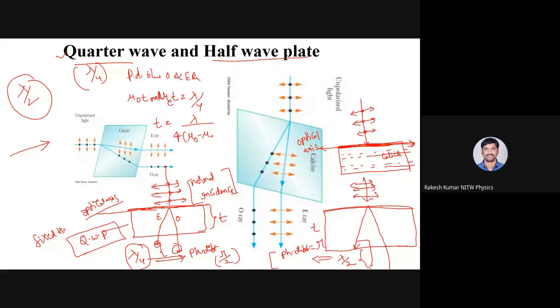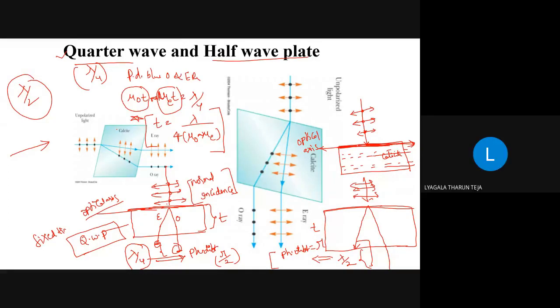Is that fine, all of you? For a quarter wave plate. Yes or no? This is the path traveled by your ordinary ray, and this is the path traveled by the extraordinary ray. When I take the difference, as I said, a quarter wave plate is going to produce a lambda by 4 distance. So if I rewrite, your thickness will be lambda by 4 into (mu_o minus mu_e). Is this fine, all of you?